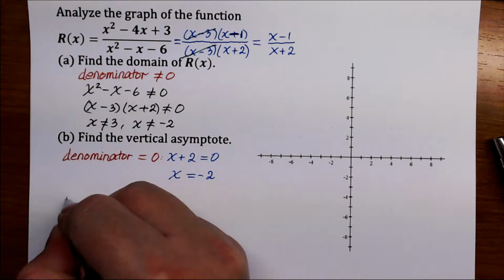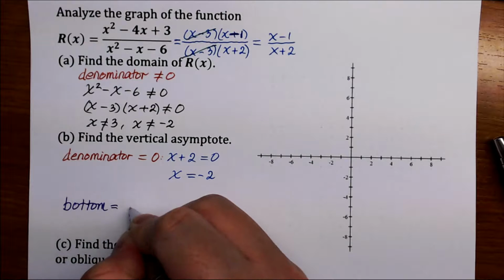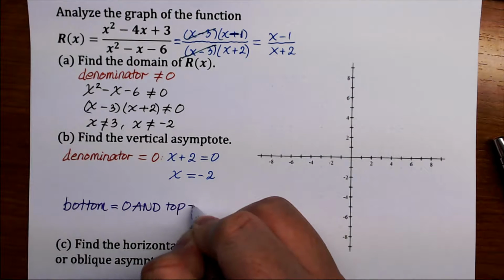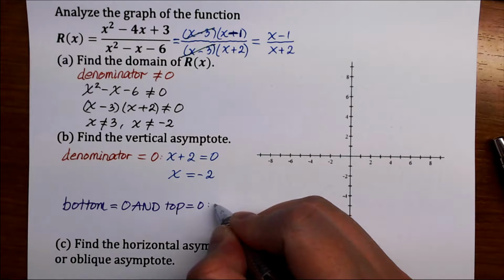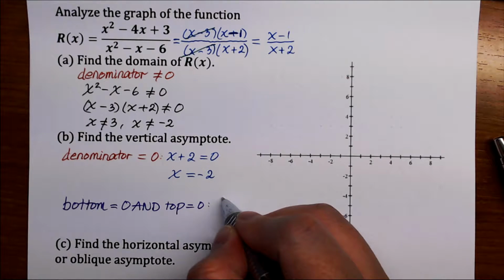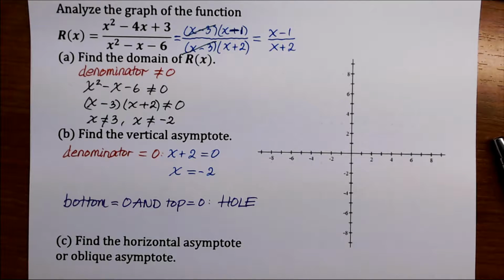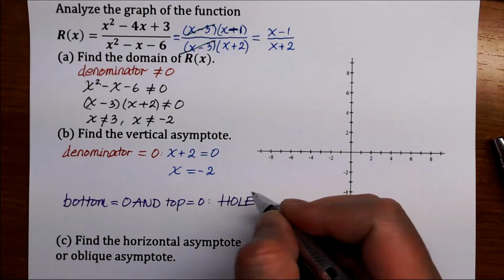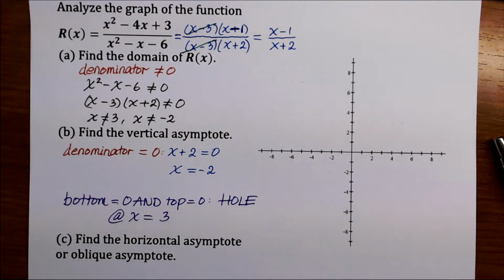So in the case where we have the bottom equal to 0 and the top also equal to 0, in that case we will have a hole on the graph. So the bottom and the top are both 0 when x equals 3, so we will have a hole on the graph at x equal to 3. We'll keep that in mind.